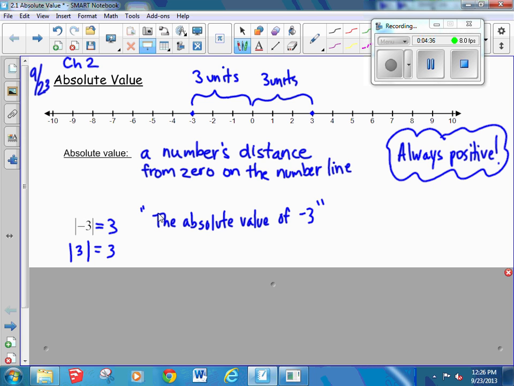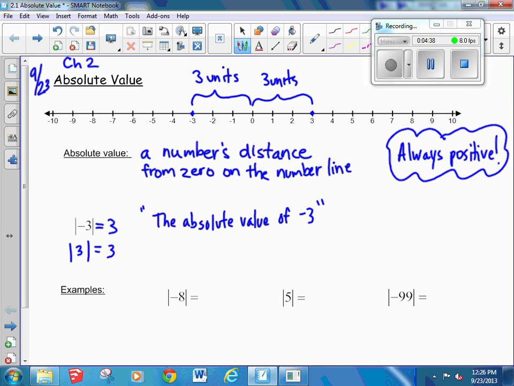We have some real straightforward numerical examples to go through here. The first one, I want a volunteer to read it correctly and say what the answer is at the same time. Do both. Luke? The absolute value of -8 is 8. Very good. -8 is 8 units from 0. What about the next one?